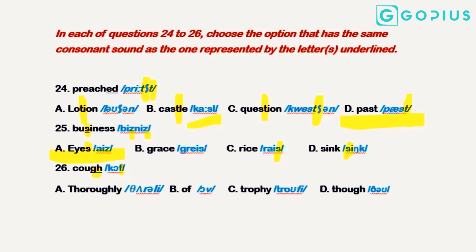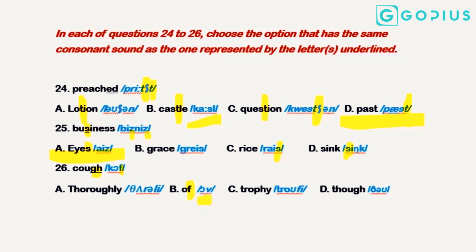So now we're looking at of. Even though there's letter F here, it is not pronounced as the voiceless sound, it is the voiced one. So as you can see in the transcription, it's not there.